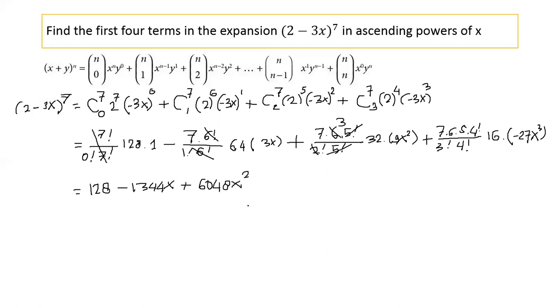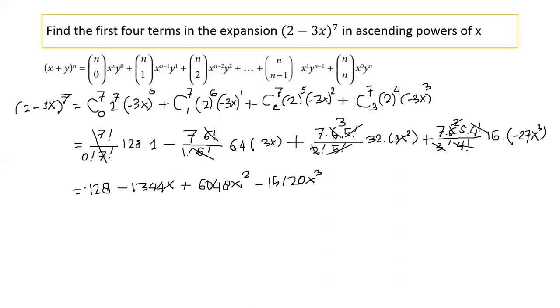For the fourth term, it becomes minus because of this minus, and divided becomes 1. 6 divided by 3 equals 2, and 2 divided by 2 equals 1. So we're going to calculate 7 times 5 times 16 times 27, which is 15,120x cubed.